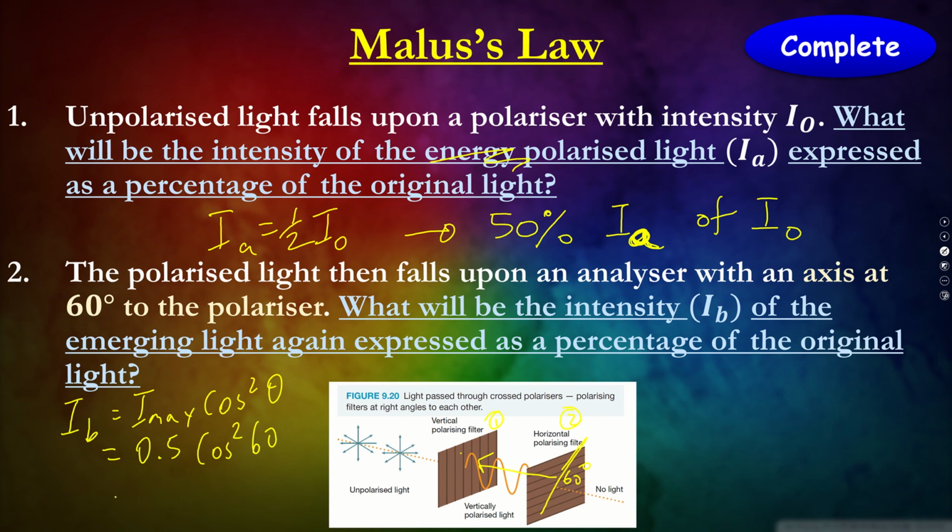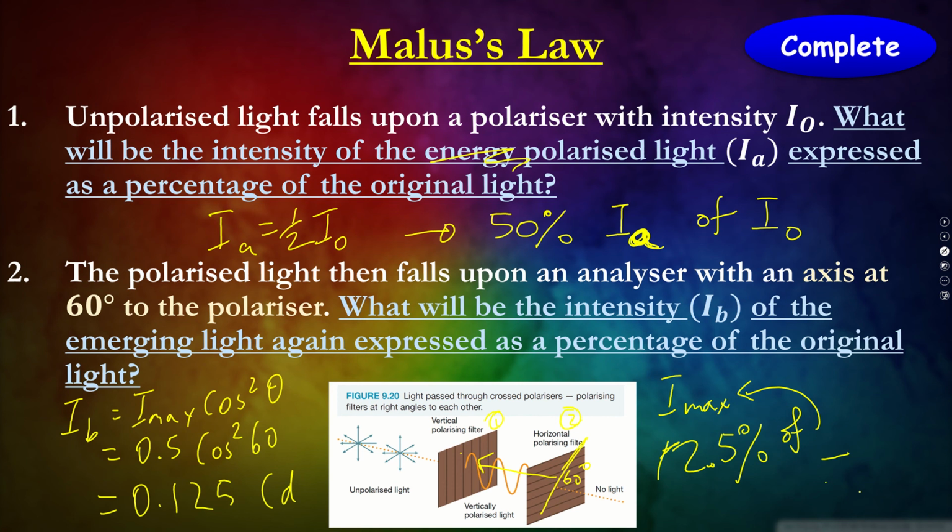You'll find that the overall intensity drops down to 0.125 candela. And so the percentage compared to the very first original, so the unpolarized light, Imax, it is 12.5% of Imax. And that's what IB would be.